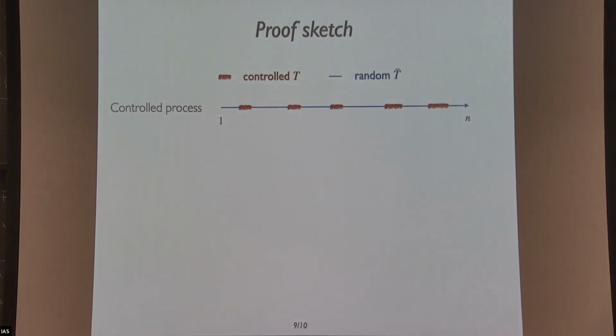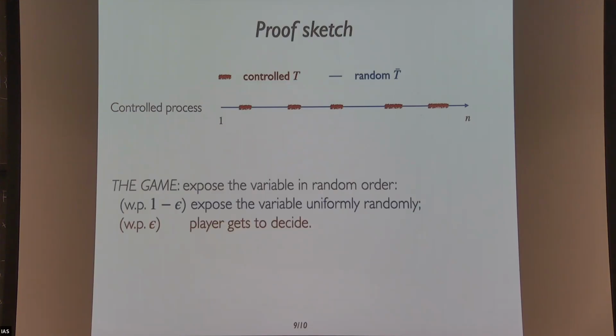Okay, so finally, let me say a few words about our approach towards this problem. We are going to expose the values of our variables in a random order. In particular, fix a random order from time 1 to n.